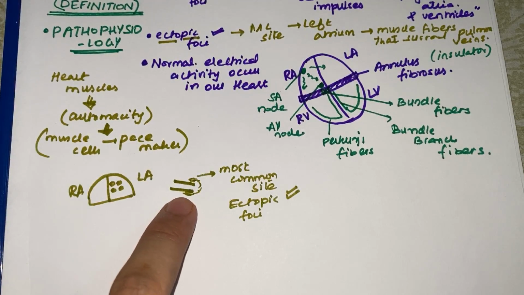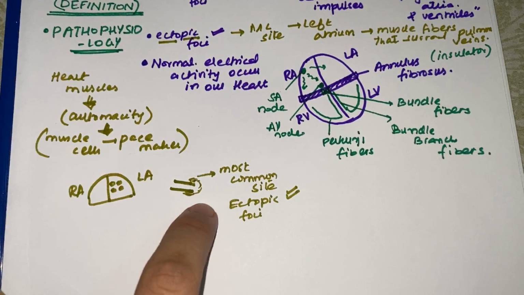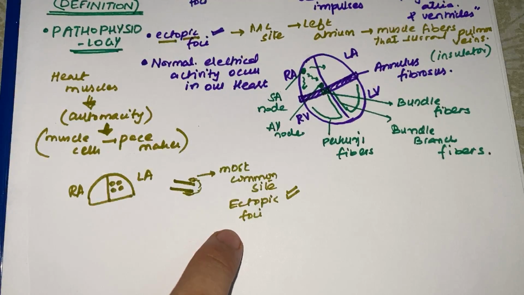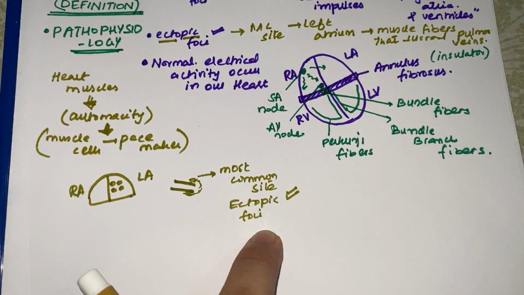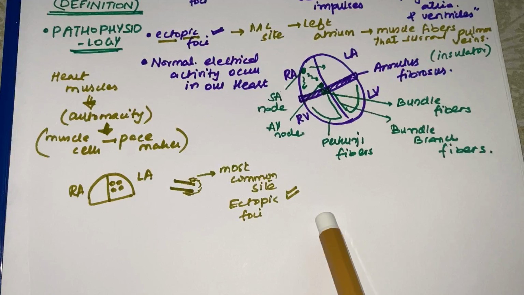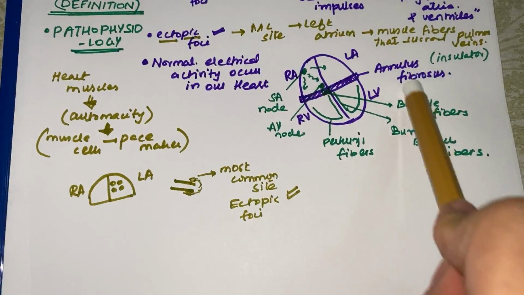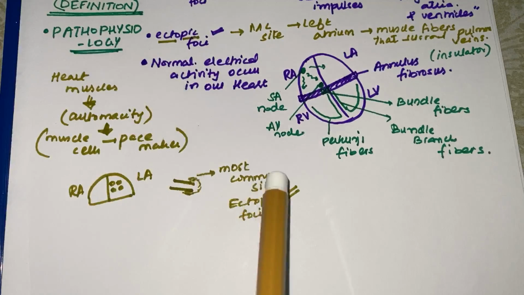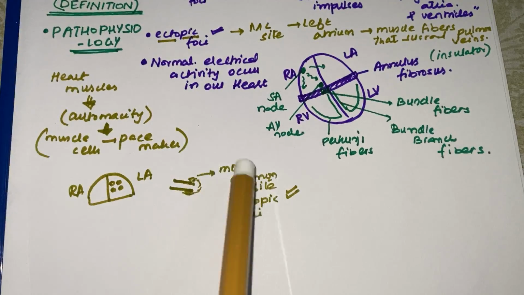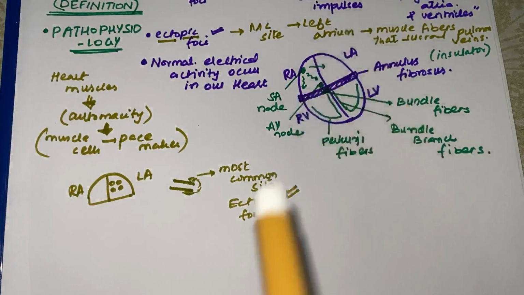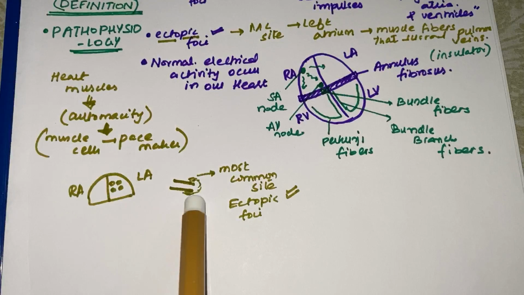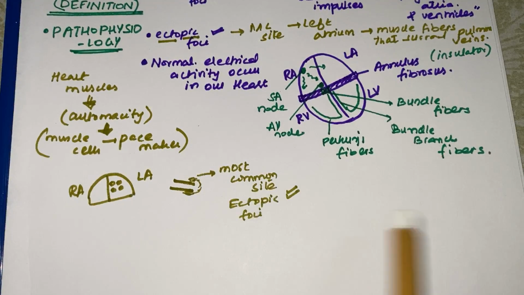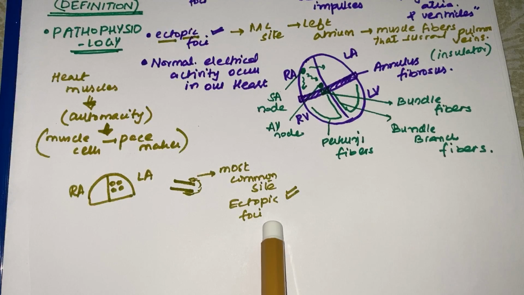So here these are the neglected muscle cells, so they are the first site, and the most common site more precisely, where ectopic foci will develop. Fine. So I think now your concept about normal electrical activity of the heart and the ectopic foci, and why they are formed in the left atrium, and more precisely within the muscle cells or the fibers that surround the opening of the pulmonary veins, is clear now.